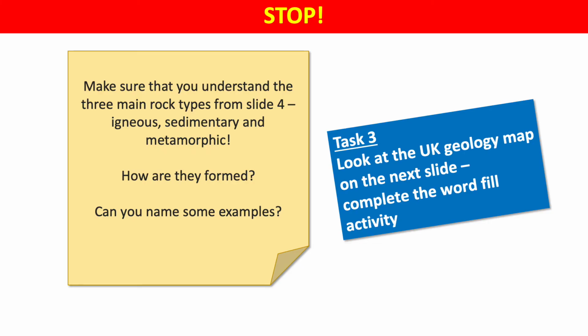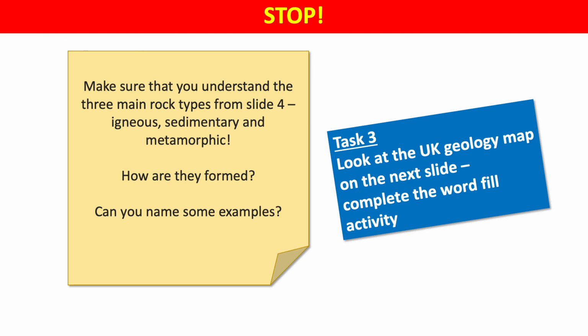Now, before you start the final part of the lesson, I've asked you just to stop and check your understanding. There is no point in moving on if you don't have a decent understanding of the three rock types from slide 4, so that video that you were asked to watch earlier.